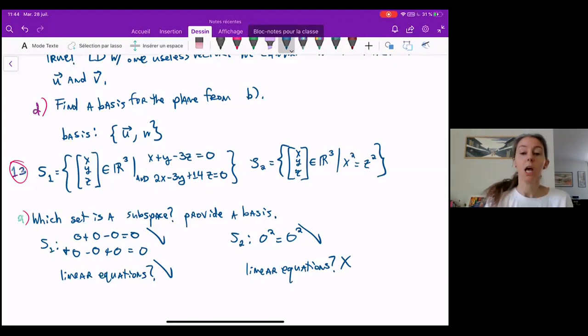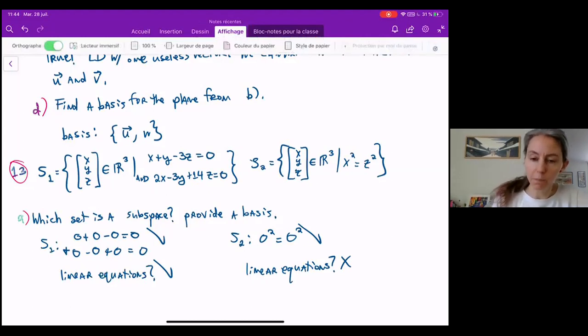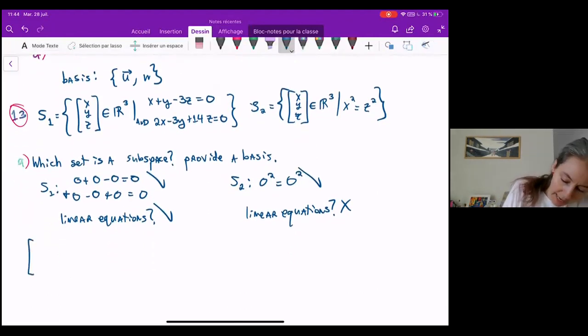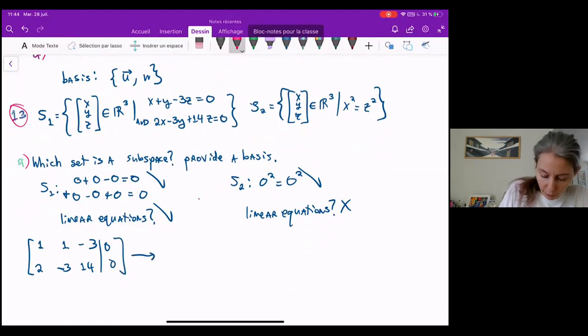It's linear equations. So then we want to provide a basis for that subspace. We stick it in a matrix and we row reduce. So it's the intersection of these 2 planes, which is probably a line. So I will do row 2 minus 2 row 1.